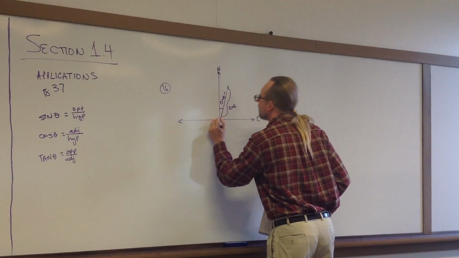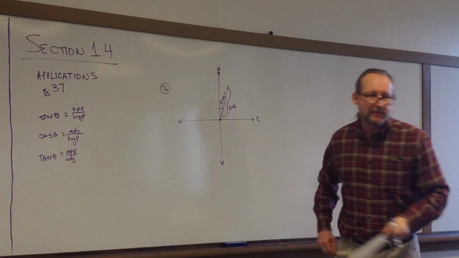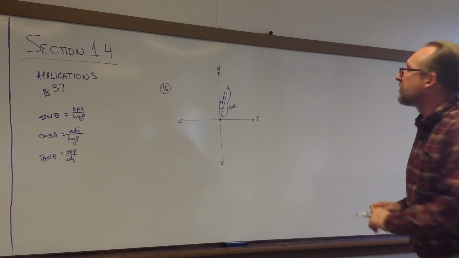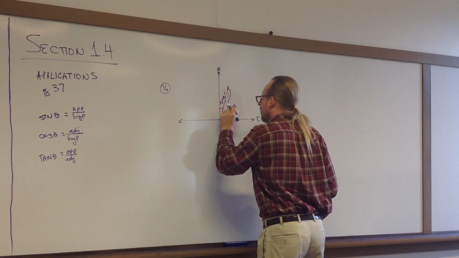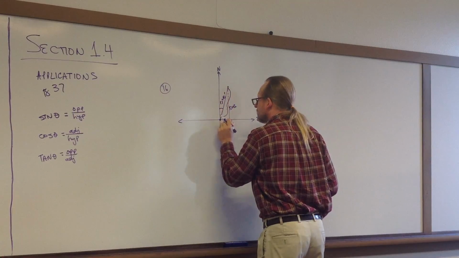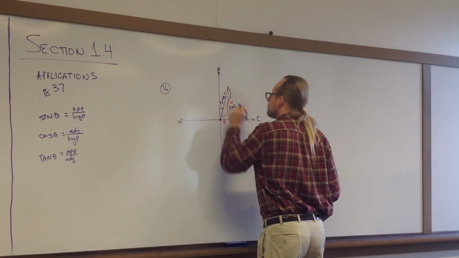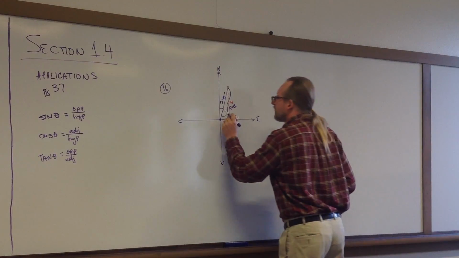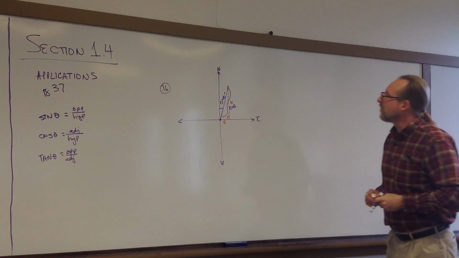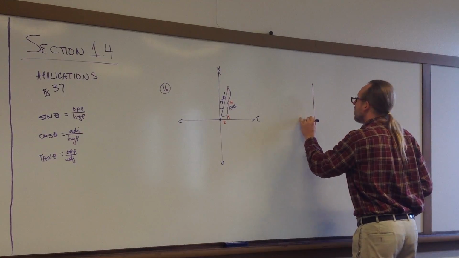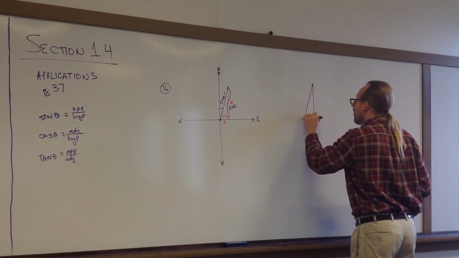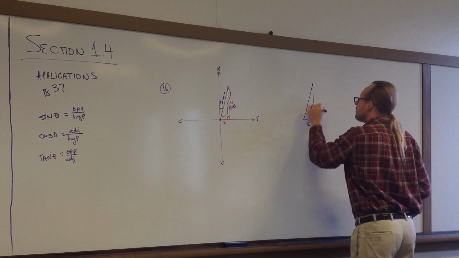Okay, here's the starting point. So let's drop a perpendicular. I'll use the red pen to try to get it to stand out here. So this is how far east, this is how far north it is from the starting point. So what we've got is this little triangle here. East, north.